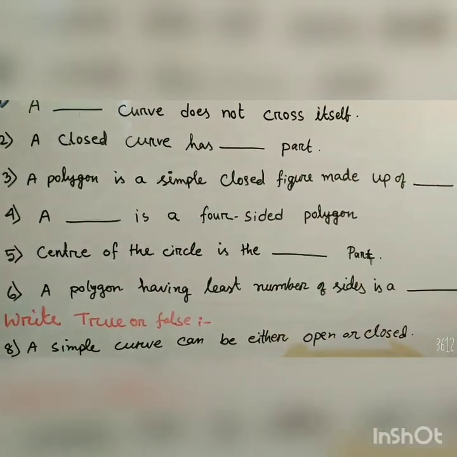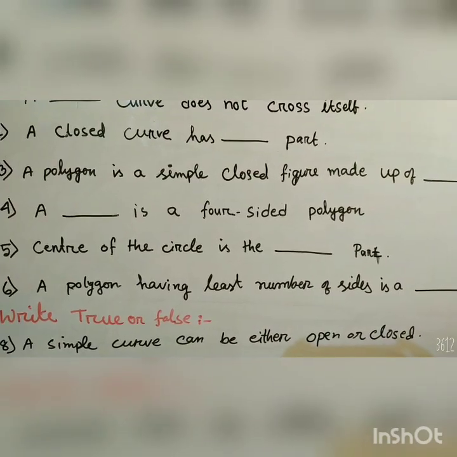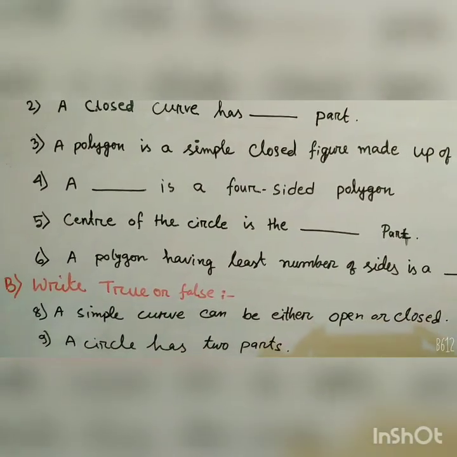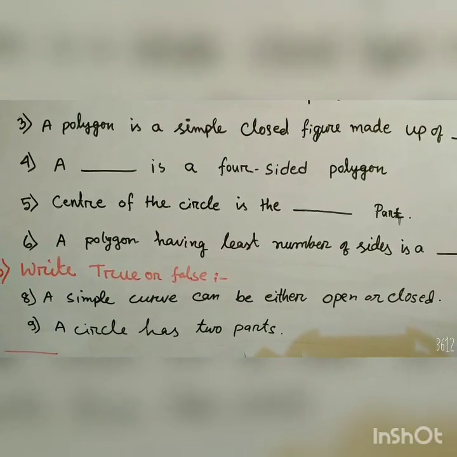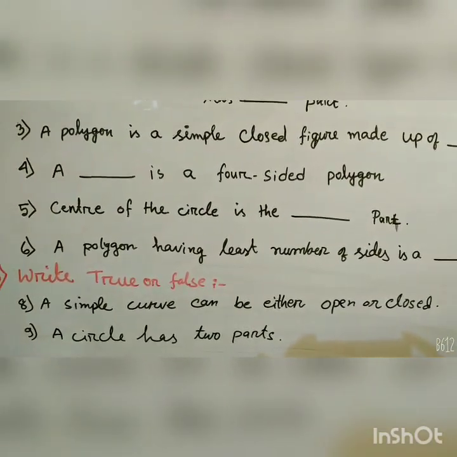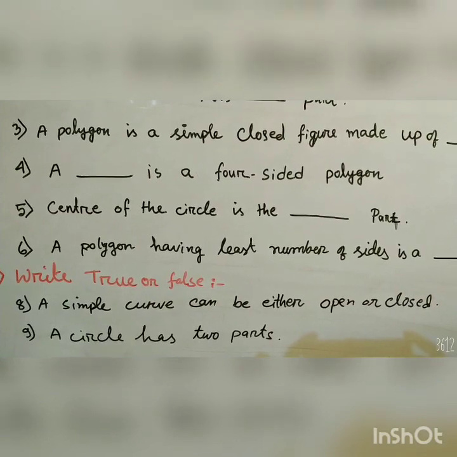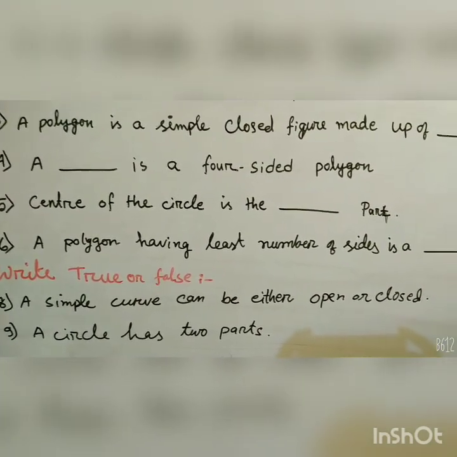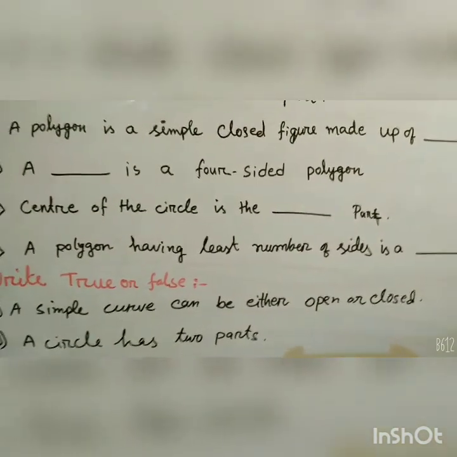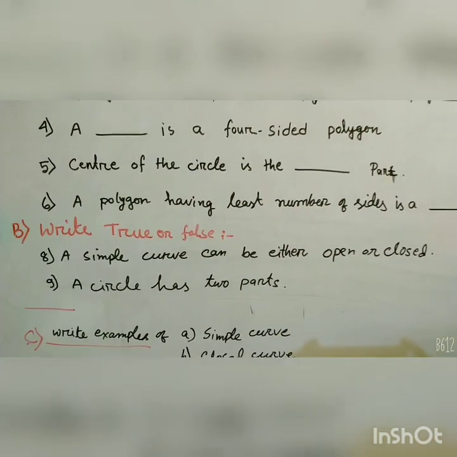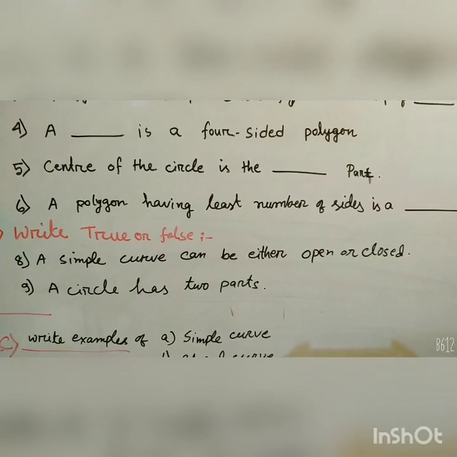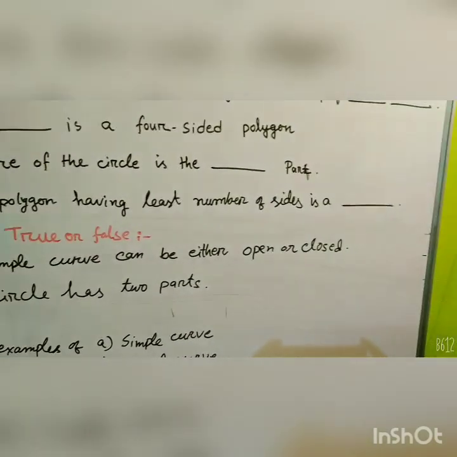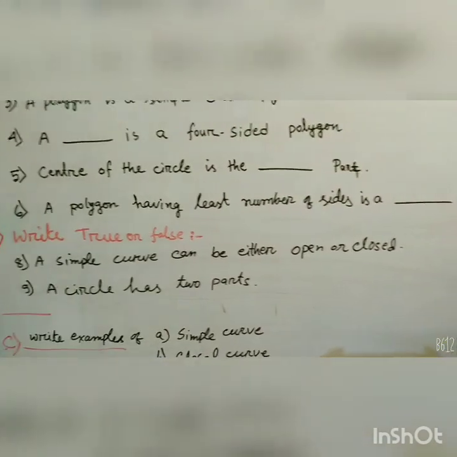Question number 4: A dash is a four-sided polygon. Question number 5: The center of a circle is the dash part. Question number 6: A polygon having the least number of sides is a dash.